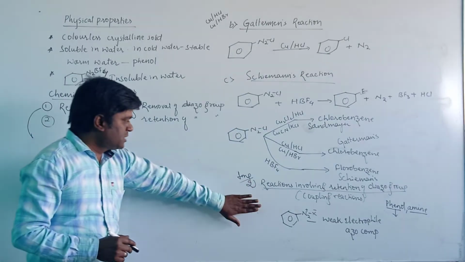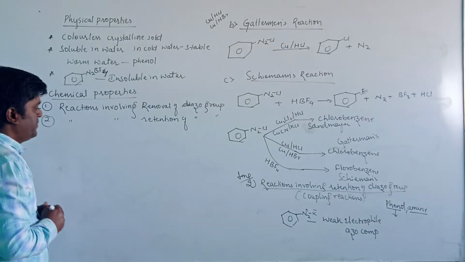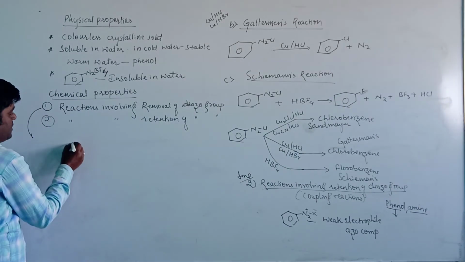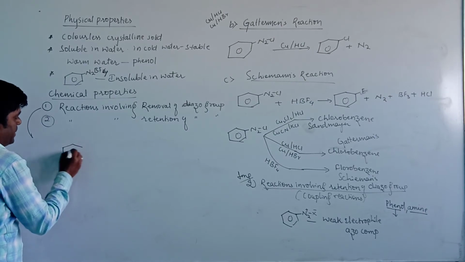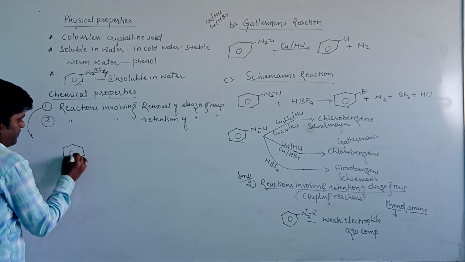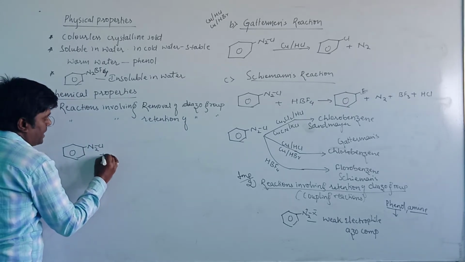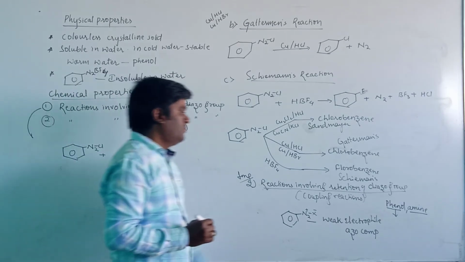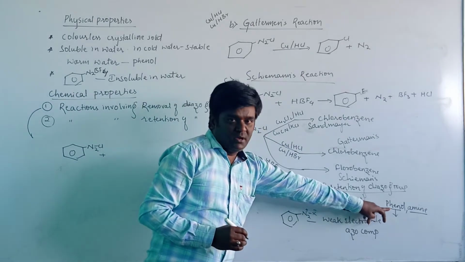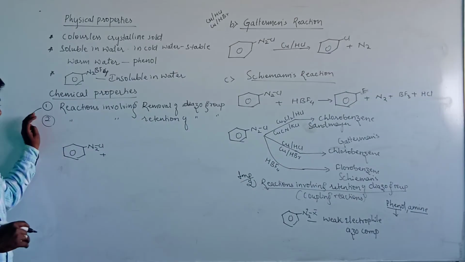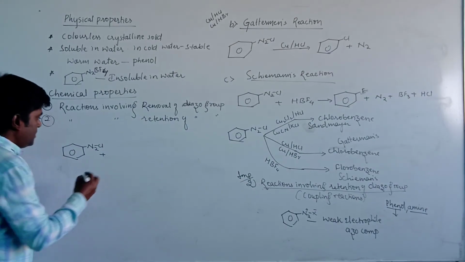Let us take the reactions for coupling reaction. Consider the example benzene diazonium chloride, N2Cl, reacting with aromatic compounds containing activating groups. First we carry out the reaction with phenol, then the amine.